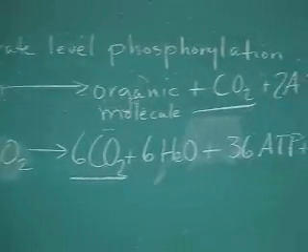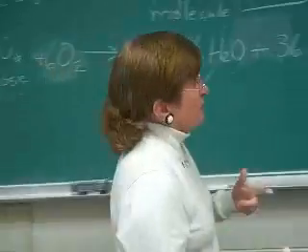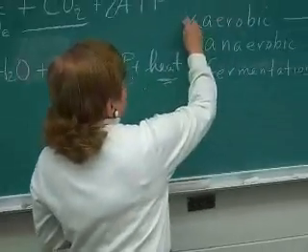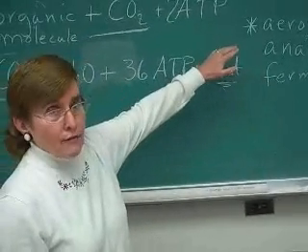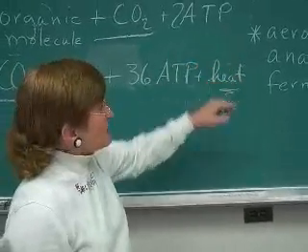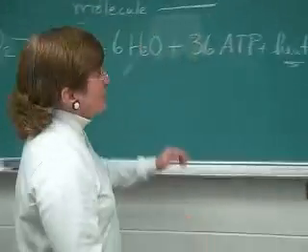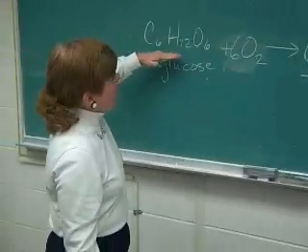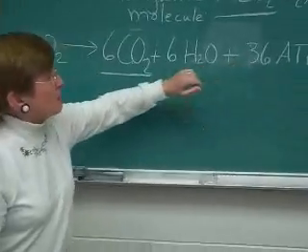Now, there are also some organisms that have a unique ability to do both. There are some organisms that can undergo aerobic respiration, and when there's not enough oxygen available to make ATP through aerobic means, they will shift to fermentative processes. So part of the time they'll be undergoing this process, making maximum amounts of ATP.